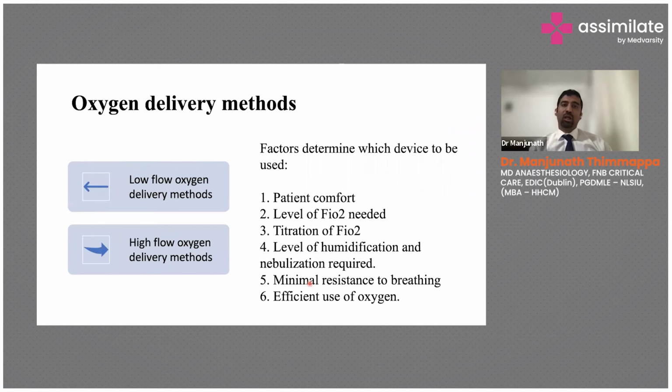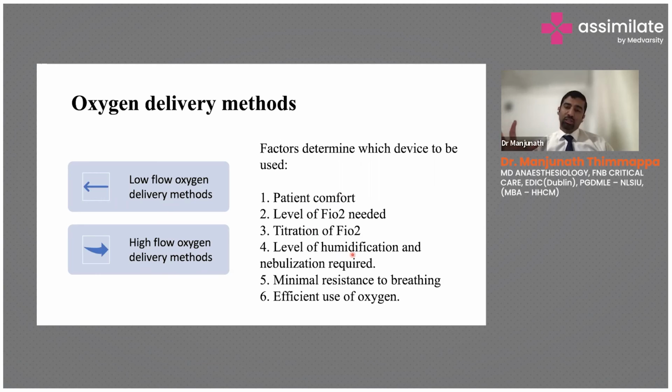So we have different delivery methods: low flow oxygen methods and high flow oxygen methods. The factors which determine which device to be used depend on patient comfort, the amount of FiO2 required and titration of the FiO2, the level of humidification and nebulization, minimal resistance to breathing, and efficient use of oxygen.